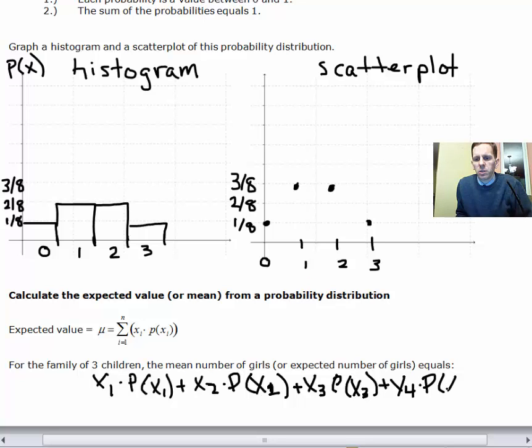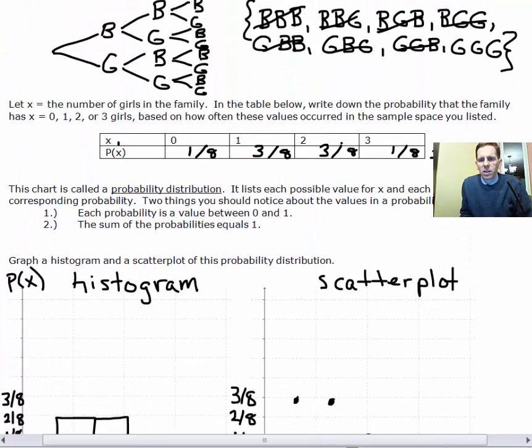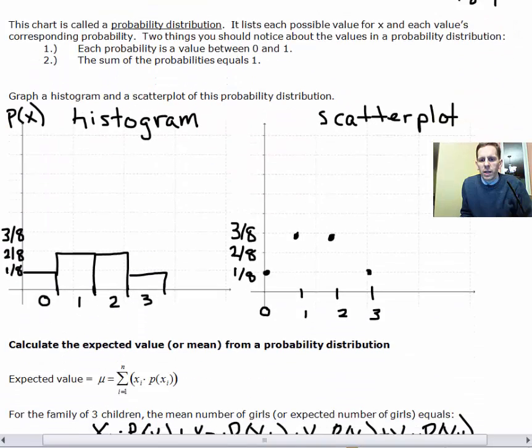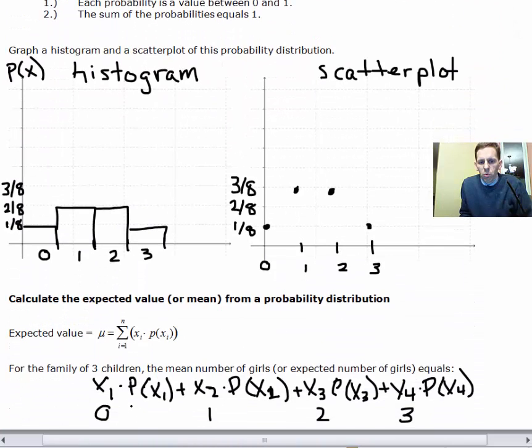What I'm going to substitute is basically the first, second, third, and fourth x values, which are the numbers 0, 1, 2, and 3. If you refer to our table, these are the 4 different x values in our table. And then we're going to write down the 4 corresponding probabilities: 1/8, 3/8, 3/8, and 1/8 again.